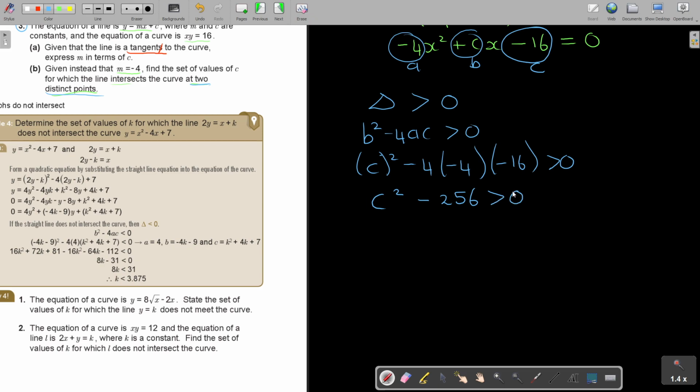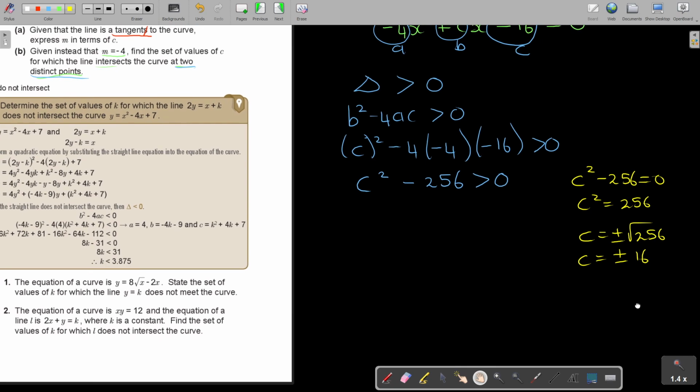Now again, I'm coming to the sketch. And as I said, you just do it here on the side. So you make it an equal sign. But don't forget that this equal sign, this is now going to be plus minus the square root of 256. So it's going to be plus minus 16.